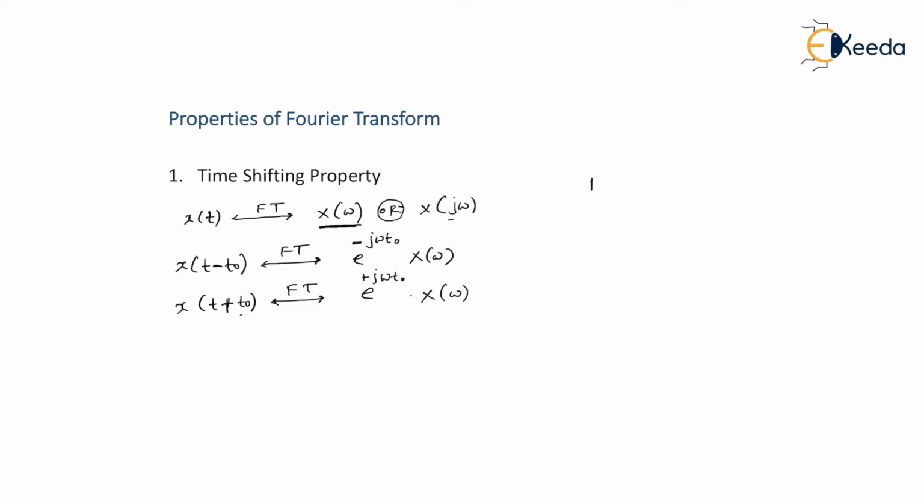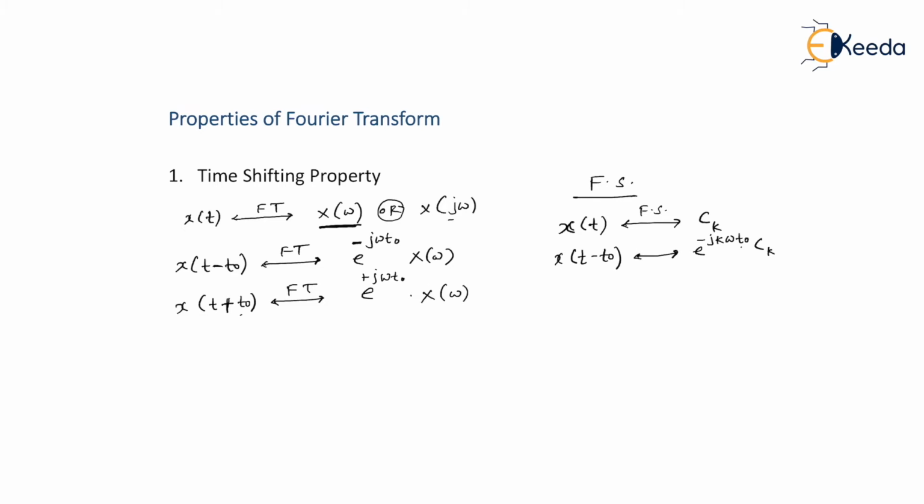Assuming that now I'm talking about a Fourier series just to have some connectivity, assume that x of t is a periodic signal and I have already obtained its Fourier series, and assume the Fourier series coefficient for the given x of t is Ck. So what is Ck? Ck is a Fourier series coefficient. Then the coefficient of x of t minus t naught can be calculated by using the previous Ck only, accompanied with e to the power minus j k omega t naught.